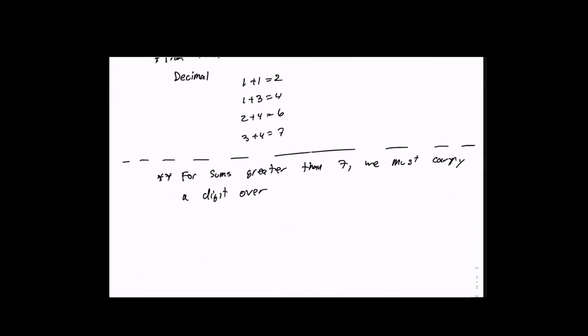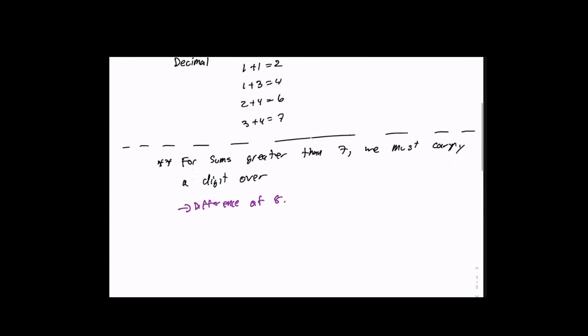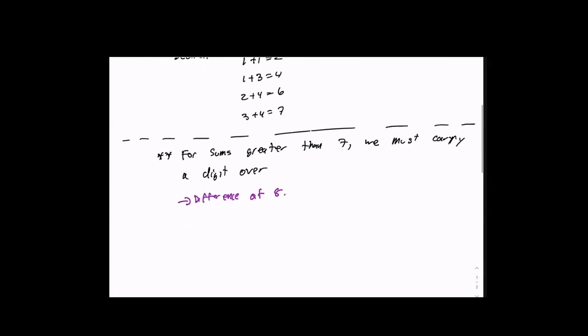Now, in one method, and this is not the method that we are going to be utilizing, we call it the difference of 8. So if I have 5 plus 9, that would give me 14, but 14 really isn't 14.